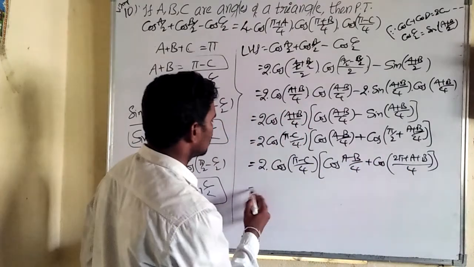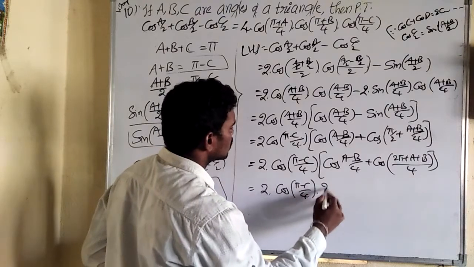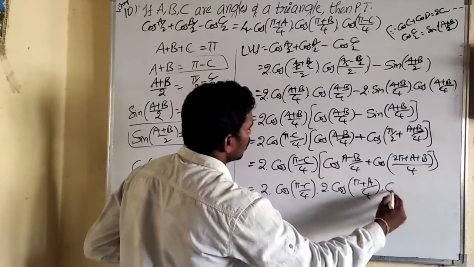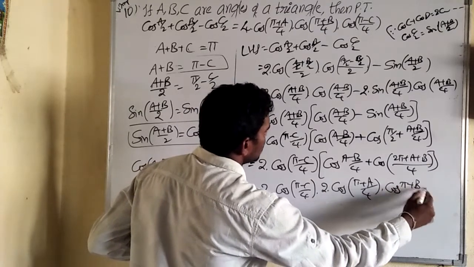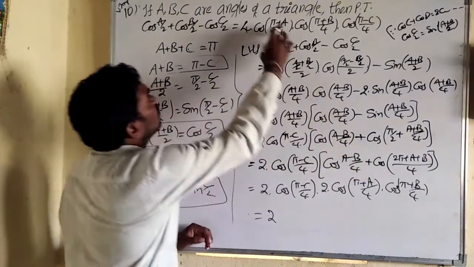So by simplifying that, we can get 2 into cos (π+A)/4 into cos (π+B)/4. Write in order, because those only we should get.